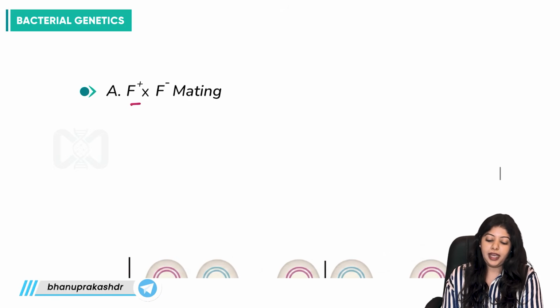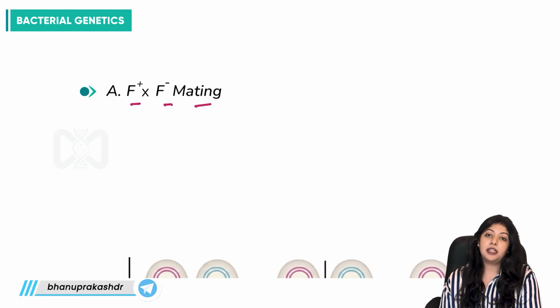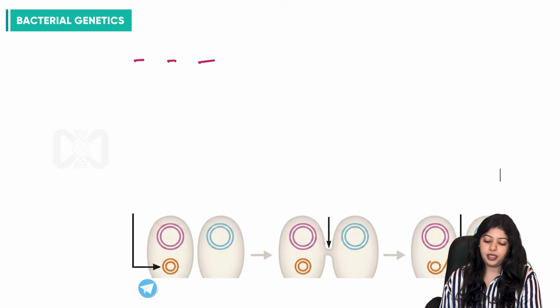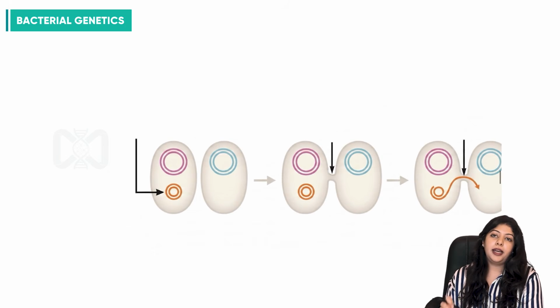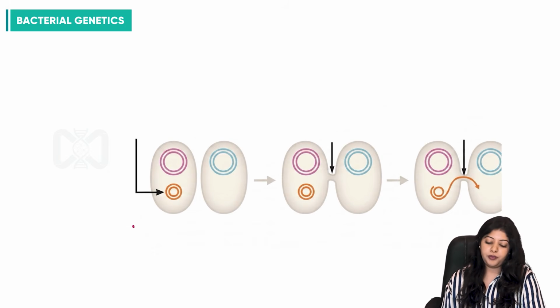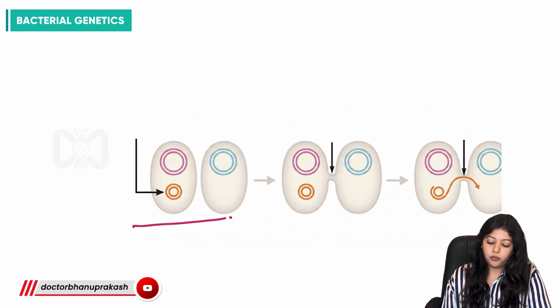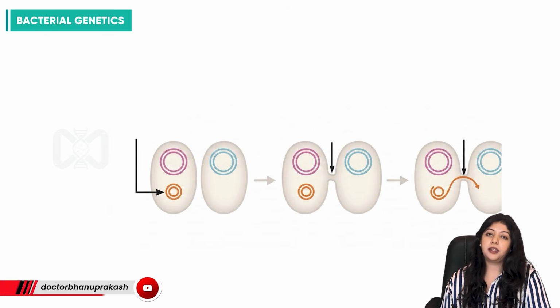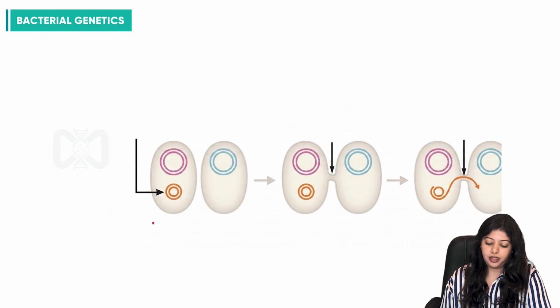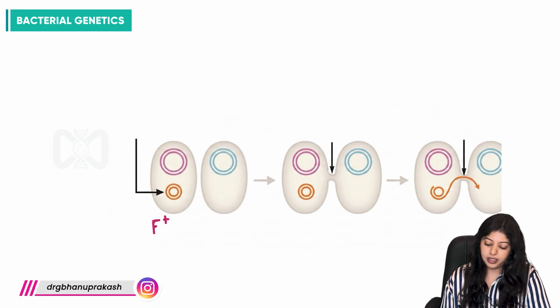So now talking about the very first method, which is the simplest one, that is F plus and F minus mating. So what usually happens? Let's have a look at these bacteria. In the very first image, this is the chromosomal DNA which is present in both of these bacteria. Say this is F plus, and this is F minus.